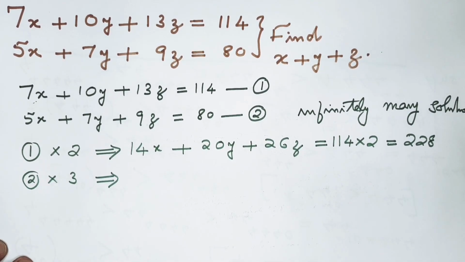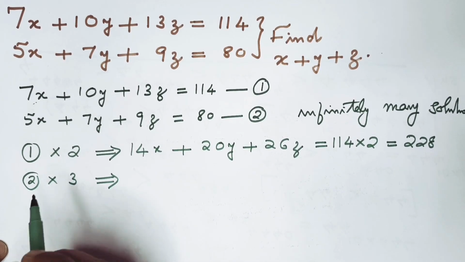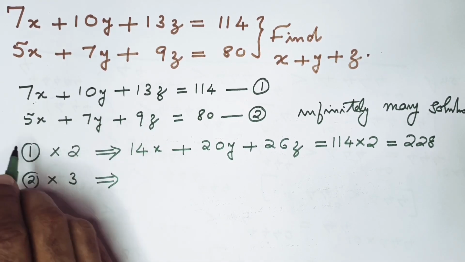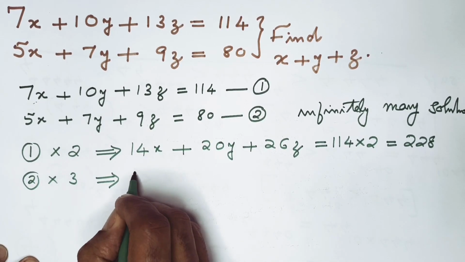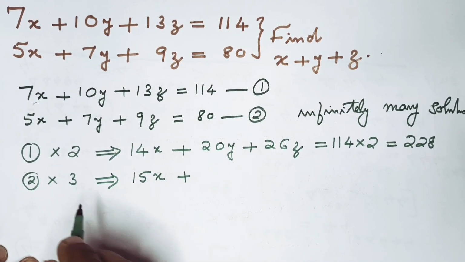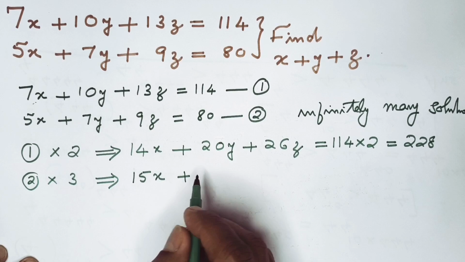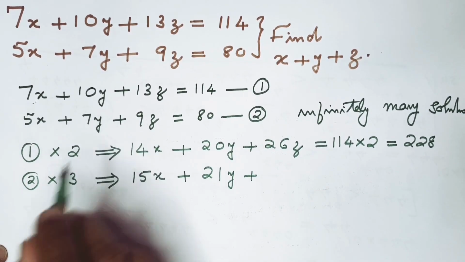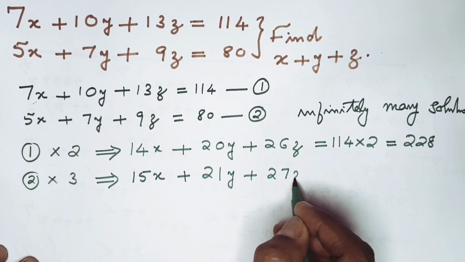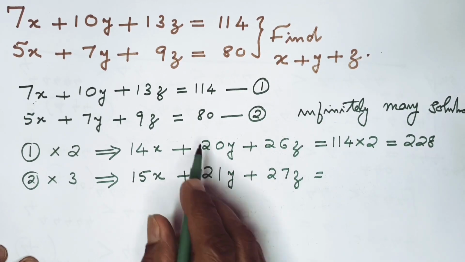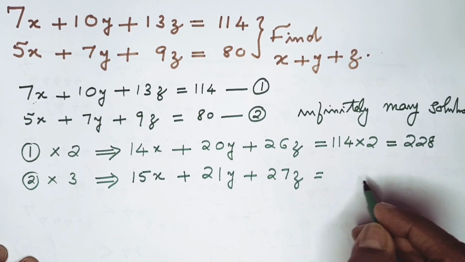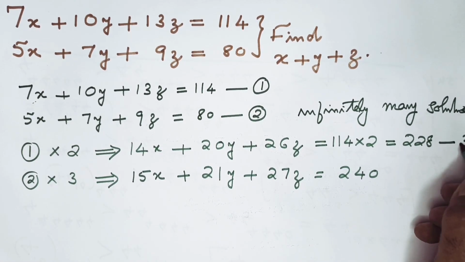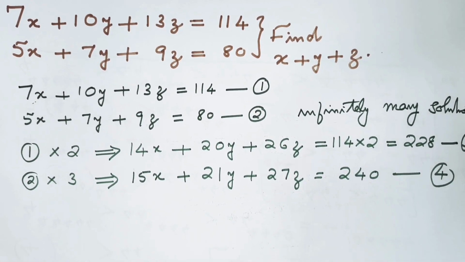Generally in problems of this kind, the only challenge is to identify these numbers correctly. So while multiplying the second equation by 3, you get 15x plus 7 multiplied by 3, 21y plus 9 multiplied by 3, 27 equal to 80 multiplied by 3, 240. Call this equation say 3 and this equation 4.